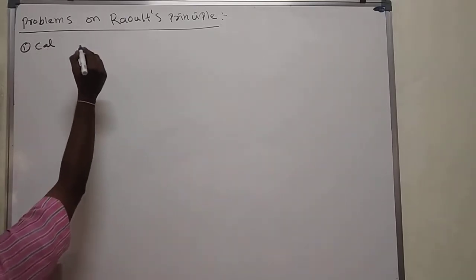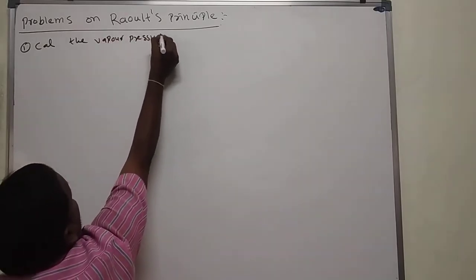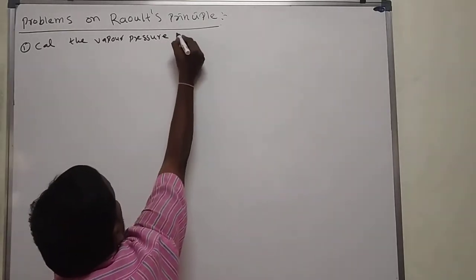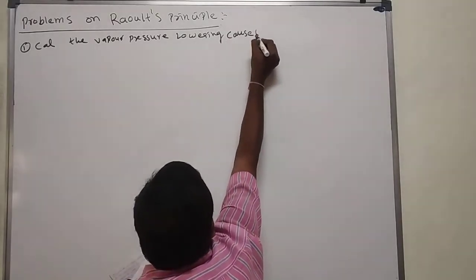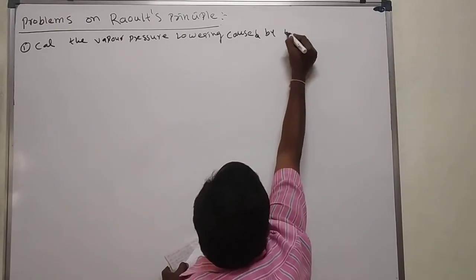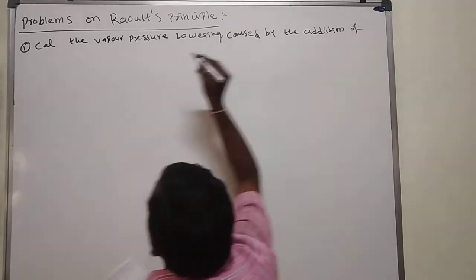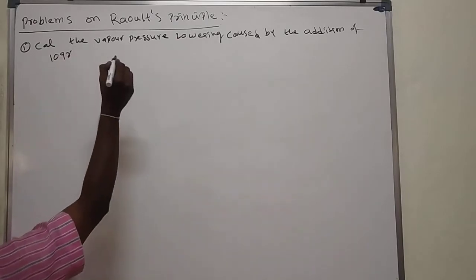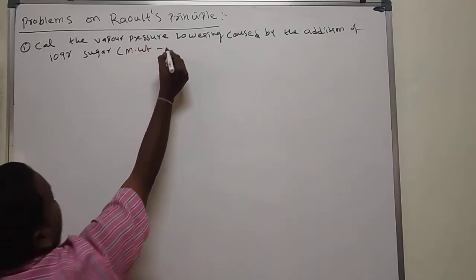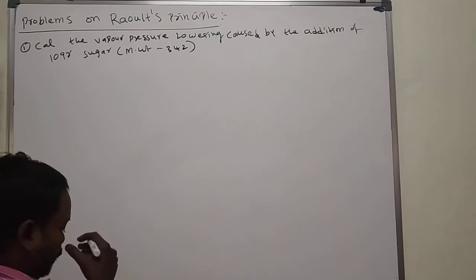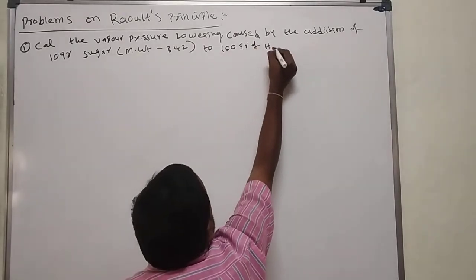Calculate the vapor pressure lowering caused by the addition of 10 grams sugar, molecular weight 342 grams per mole, to 100 grams of water.